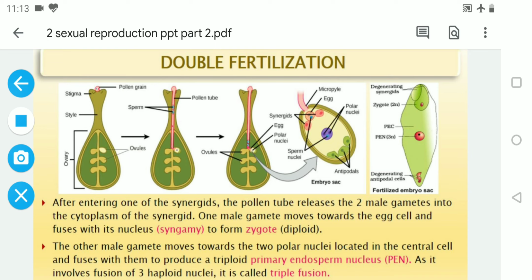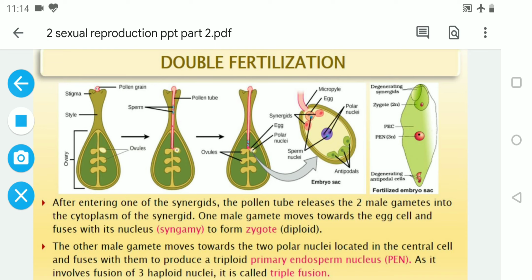Yes. Now let us discuss what the meaning of double fertilization is. See, after entering one of the synergids, the pollen tube releases the two male gametes into the cytoplasm of the synergids.